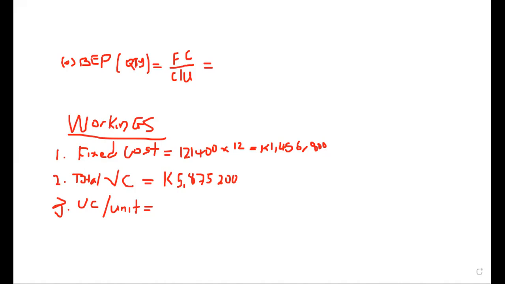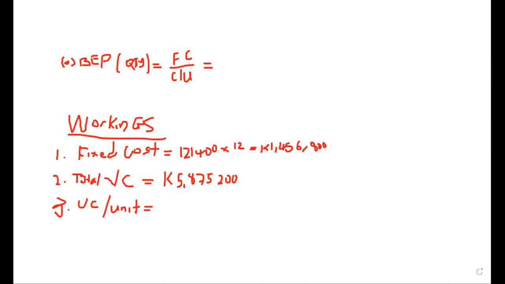So how do we confirm that from the information that we are given? We are supposed to divide these units into the total variable cost. So can we divide 50 into 288?